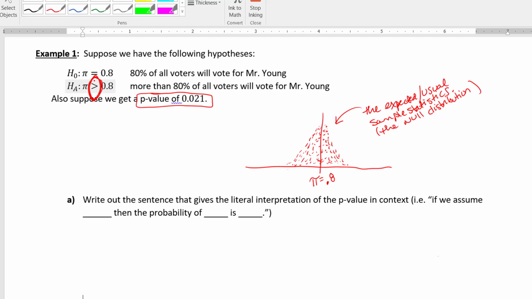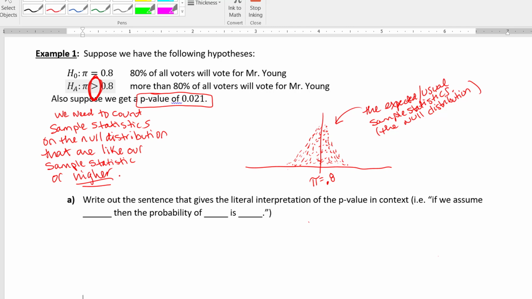So, to find a p-value, we would be counting dots on the null distribution that are like our observed sample statistic or higher.